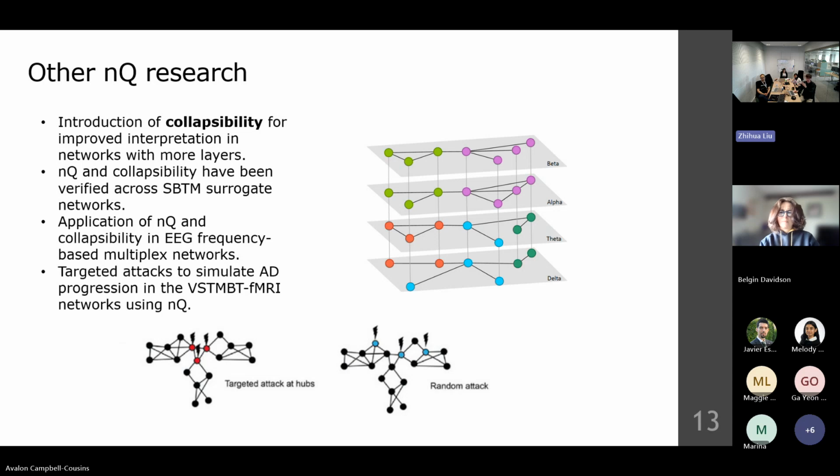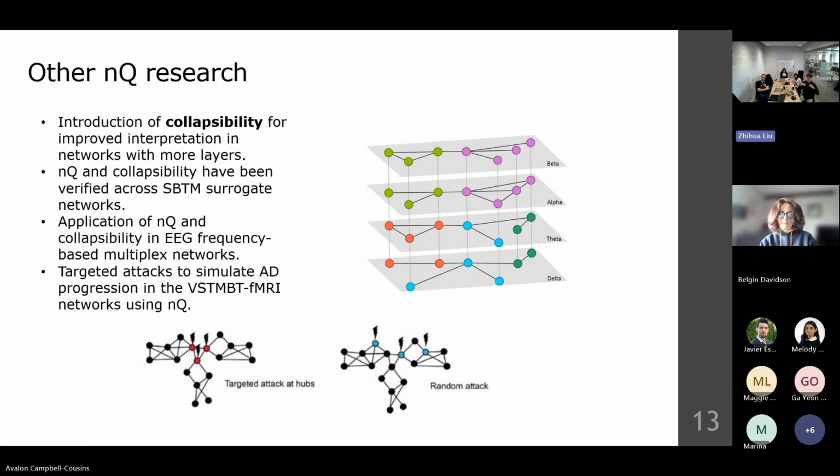We applied it to the EEG frequency networks that Melody presented earlier and found some interesting results as well. They're not as interesting as the fMRI results, just because those were earlier stages of MCI. And there's this very interesting early stage research that we did around targeted attacks.